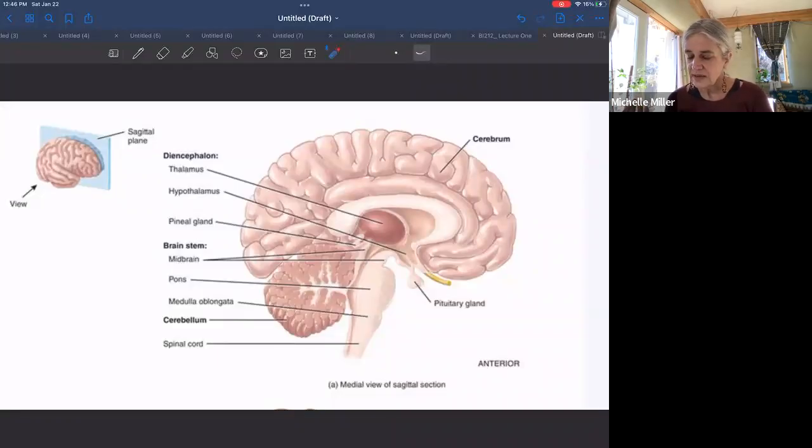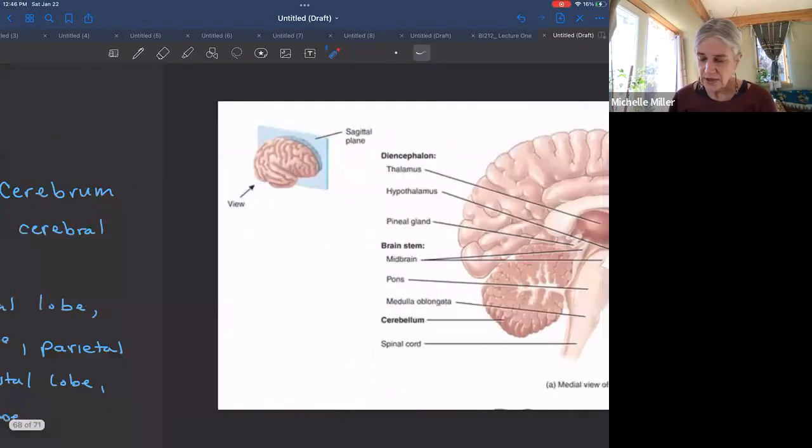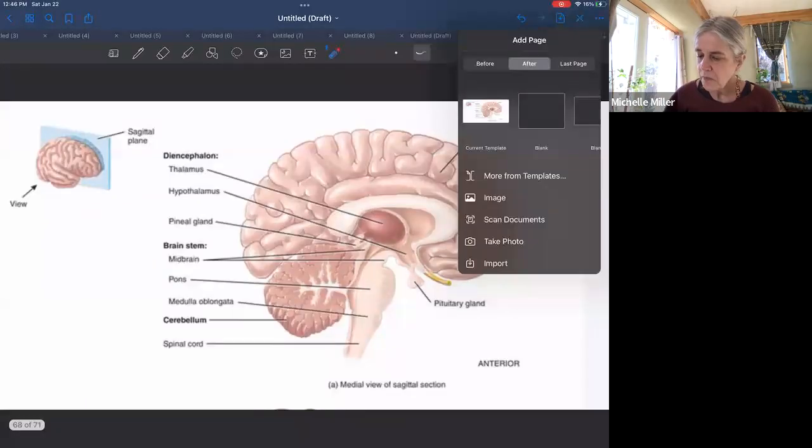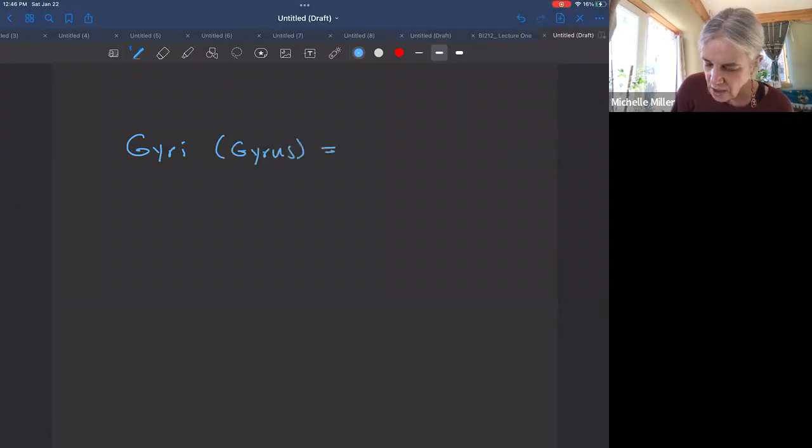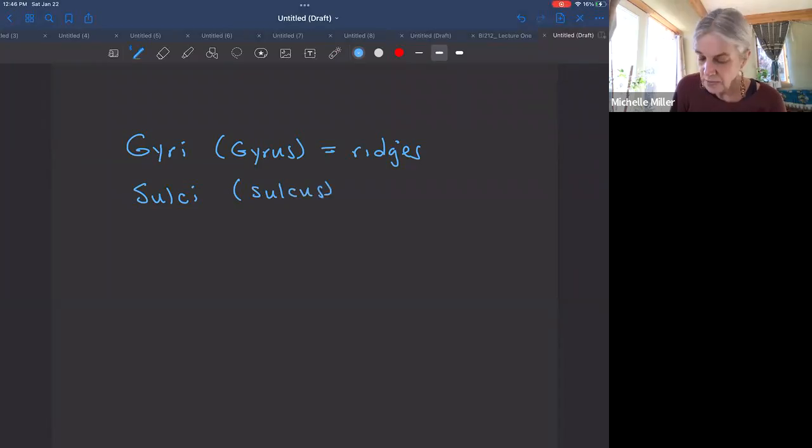You can see that we have these ridges and we have grooves, and they have names. The ridges are called the gyri, or a gyrus. And the sulci, or one sulcus, which is singular, are the grooves.